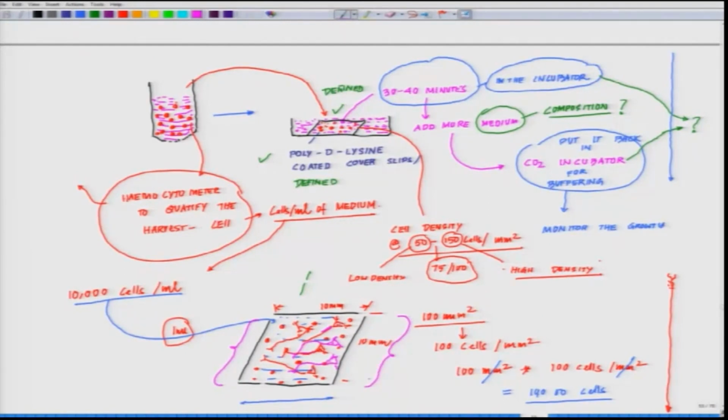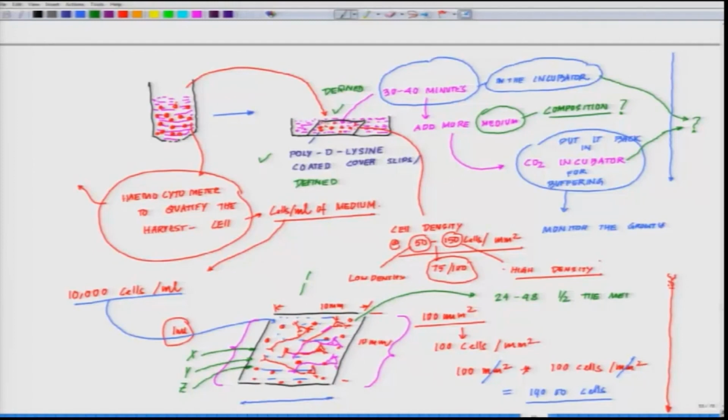Now, I told you this industry wants to do an Alzheimer's testing. So, it puts the drug, represented by X drug or Y drug or Z drug, into this medium. And one more thing, whenever you are doing a primary culture, the first medium change is generally recommended after 24 to 48 hours: you should change half the medium, just half.